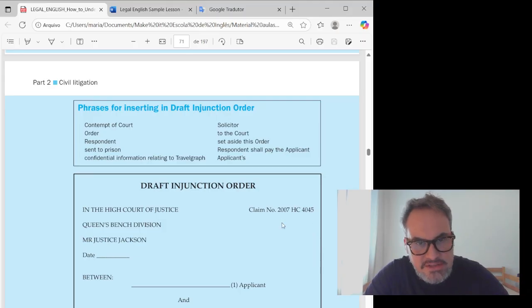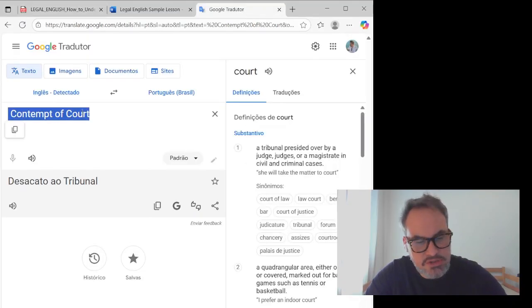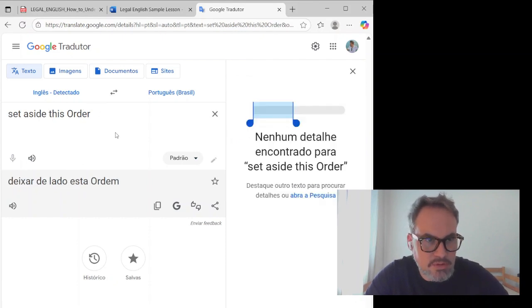To the court. Set aside this order. Let's see the meaning of set aside this order. Okay, to ignorar, maybe. Yeah.